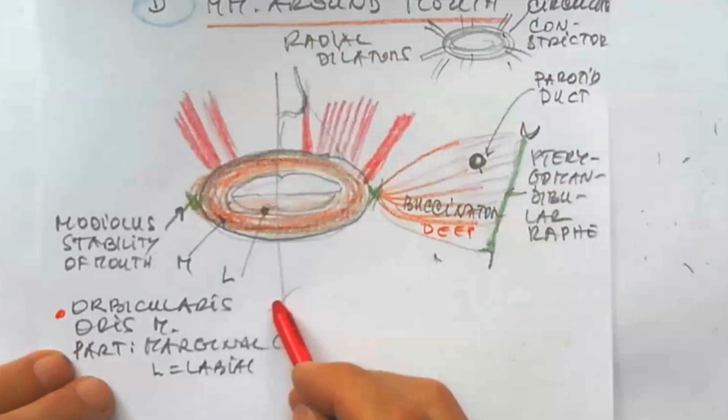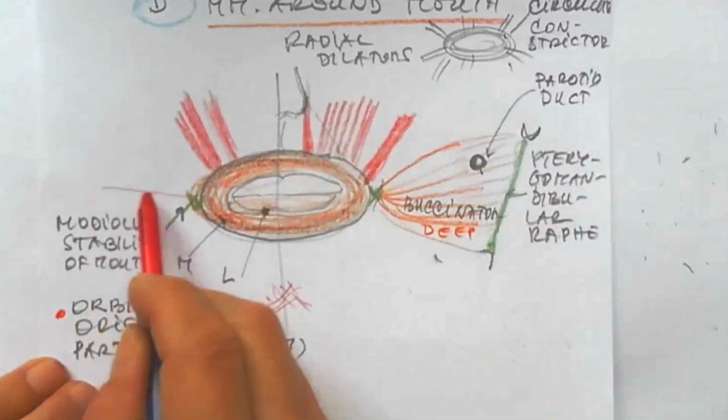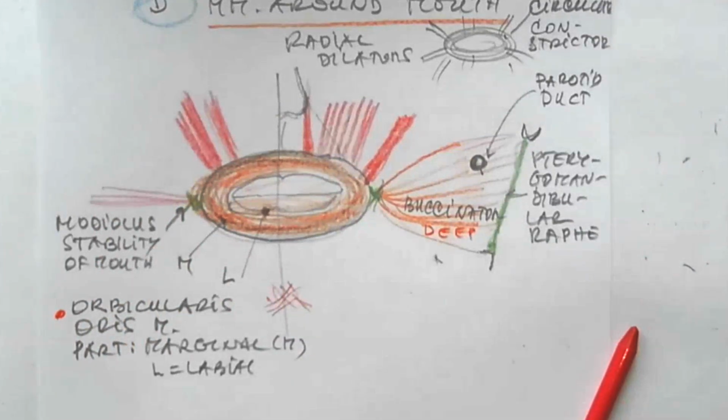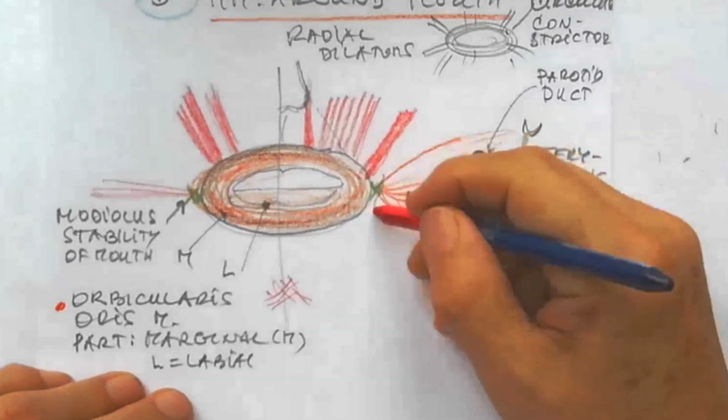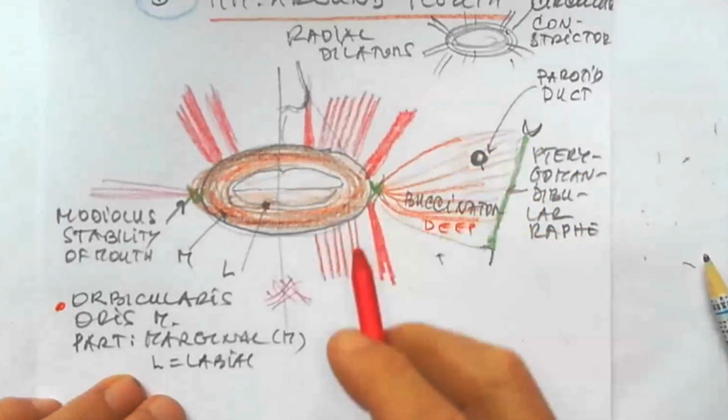Then caudally, inferiorly, we see the mentalis. On the other side, drawing just a few lines showing the risorius muscle of laughter. And then we see the depressor anguli oris and depressor labii inferioris.